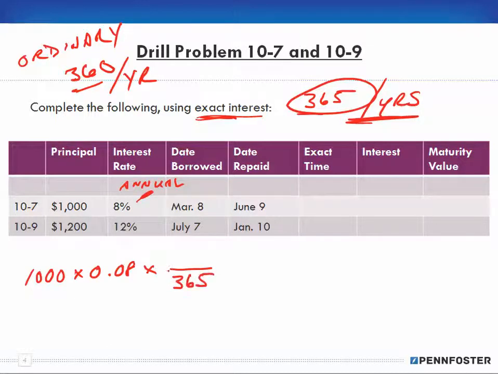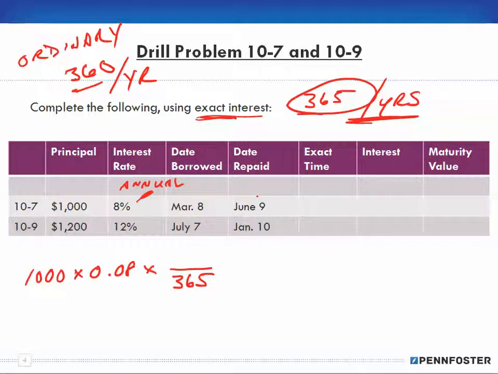Using the exact interest, in the denominator goes 365 days. Now all we need to do is figure out how many days we're borrowing the money for and put that in the numerator. And so we're looking at March 8th and June 9th.